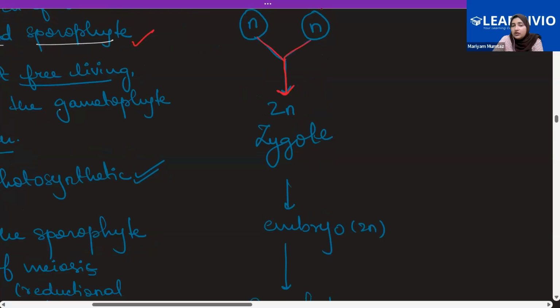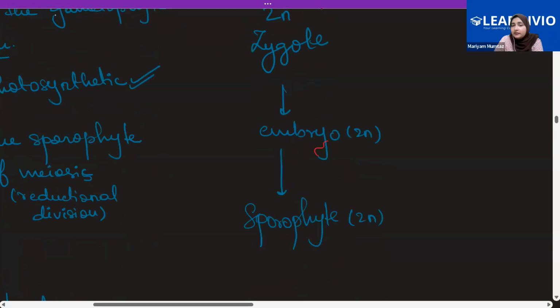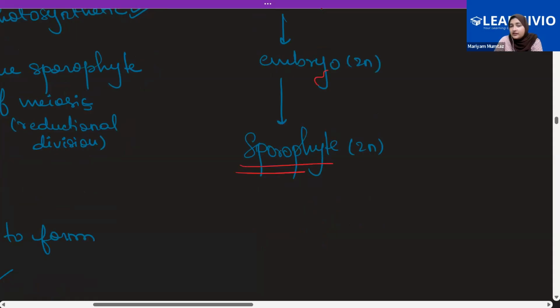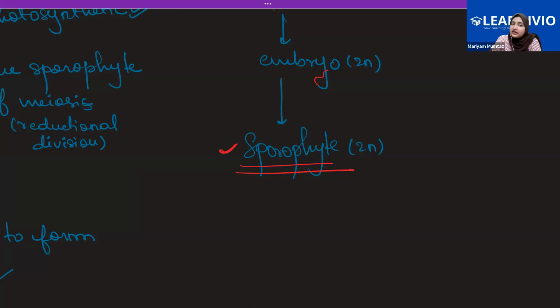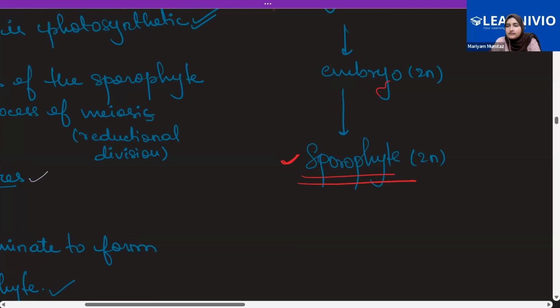The diploid zygote will turn into a diploid embryo, and the diploid embryo will become the diploid sporophyte. So from the gametophyte, sporophyte is being generated. Clear? Getting confused? A little.